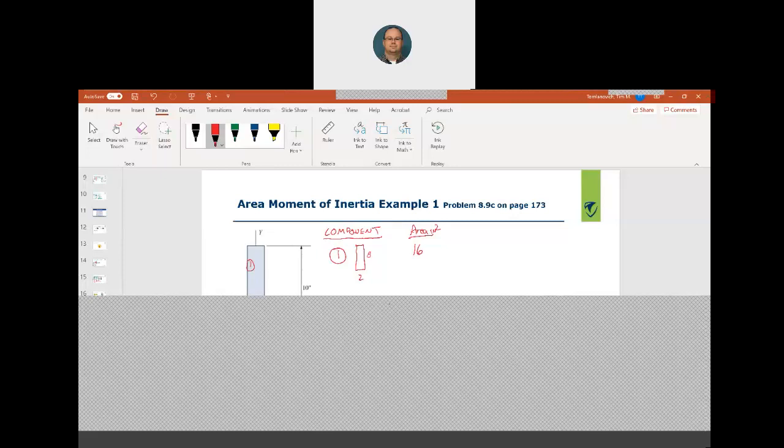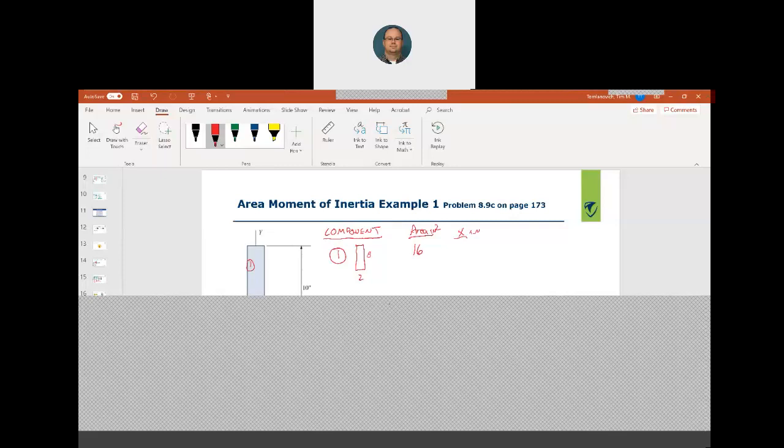Okay, we need to find the sum of that. So 16 plus 28 equals 44. Okay, so x, remember that's from 0, 0 to the individual component centroid. So I'm going 6 here, plus this is 2, so 1.